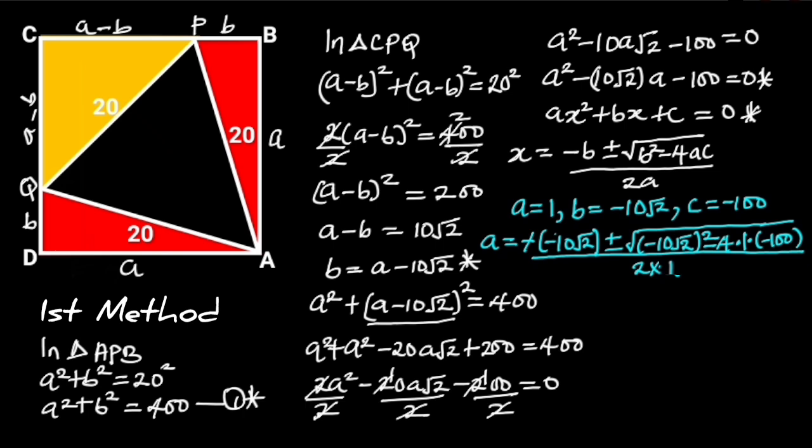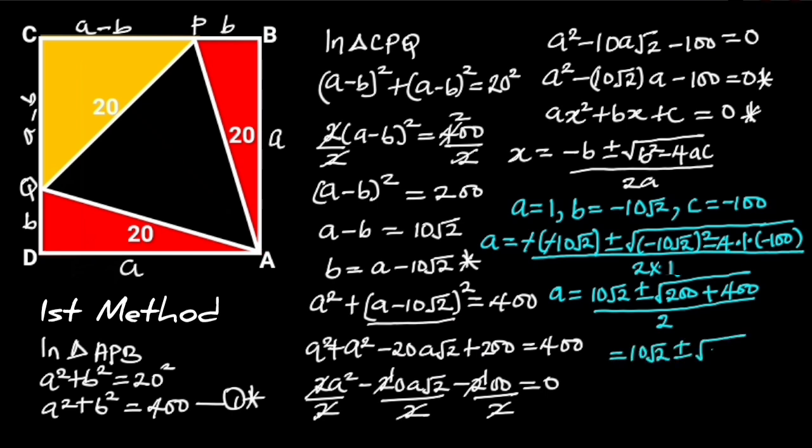Simplifying these will give us A is equal to 10 root 2 plus or minus the square root of 200 plus 400, all over 2. 200 plus 400 is 600. So we have 10 root 2 plus or minus root 600, all over 2. The square root of 600 is 10 root 6.